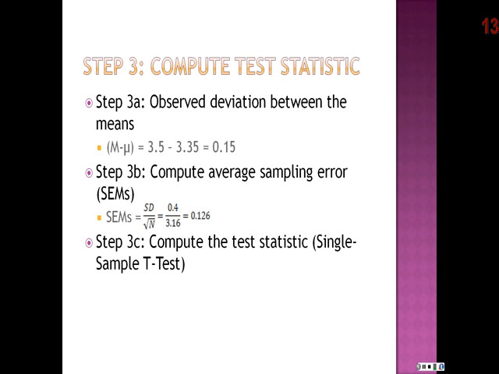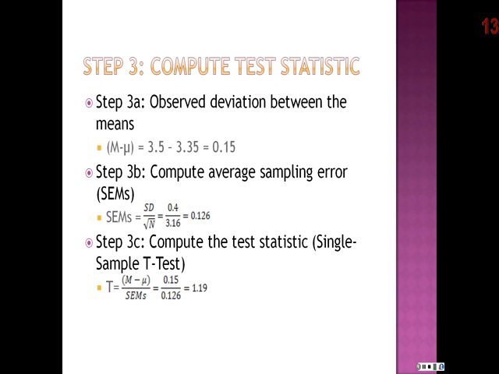Now step 3C, compute the test statistic for the single sample t-test. And so what we have here is the observed deviation divided by the standard error of the mean. And here are our values, and what we end up with is a single sample t statistic of 1.19.